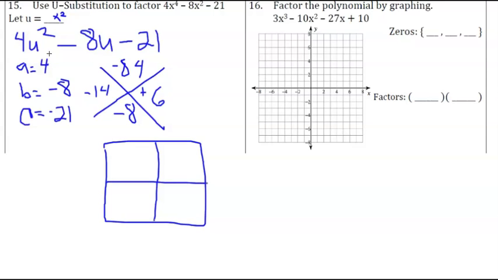The first box will have the first term, 4u squared. The last box will have the last term, the constant, negative 21. And the two middle boxes will be the factors we found, plus 6u and minus 14u in this case.